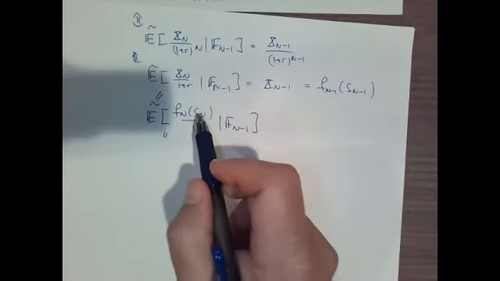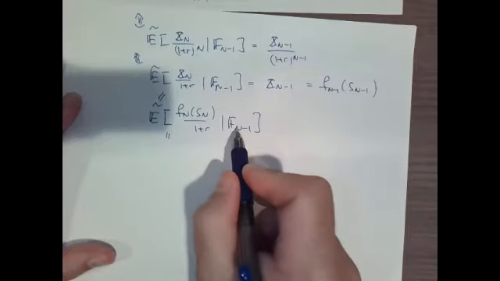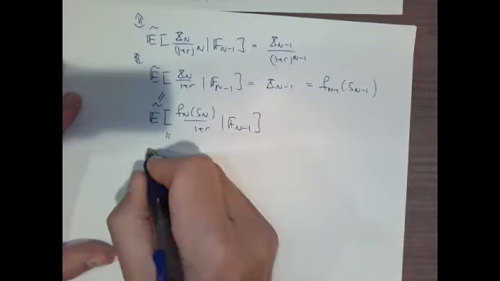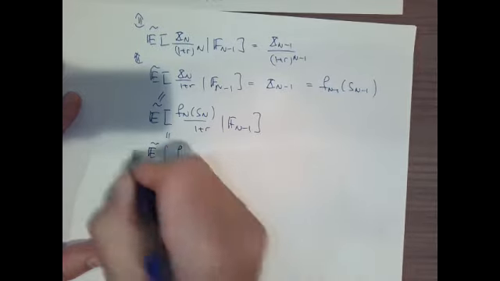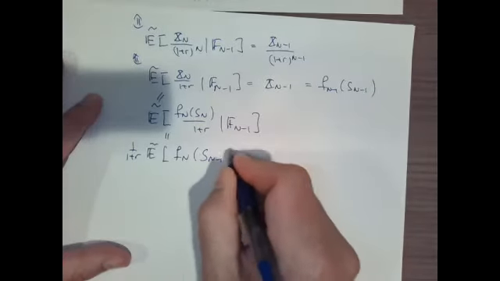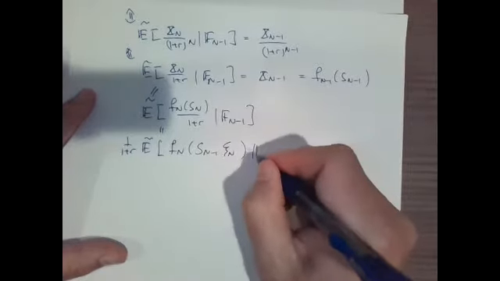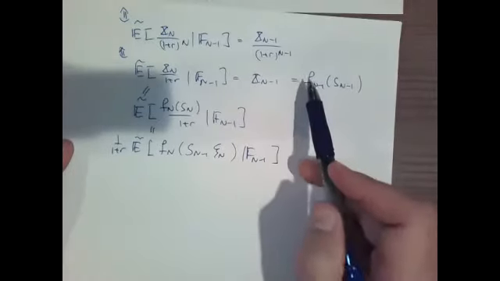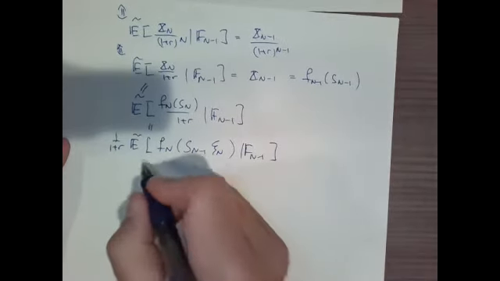You will start by replacing Sn by Sn minus 1, so you can start invoking the independence lemma. So you write this here as E tilde, you can put this 1 over 1 plus r outside, you get Fn of Sn minus 1 times the ratio, and then you condition on Fn minus 1. So we're hunting this function up here, and this is what we have. I can now use the independence lemma.